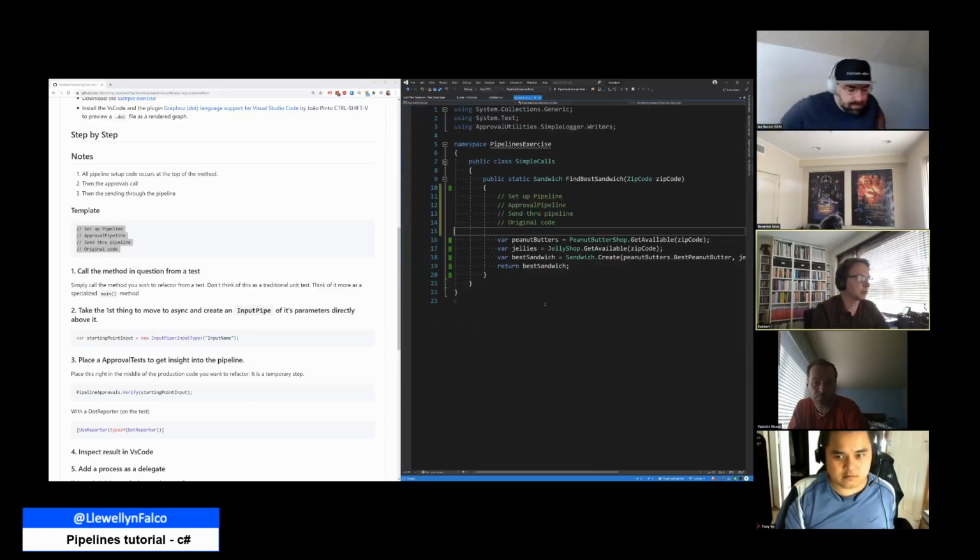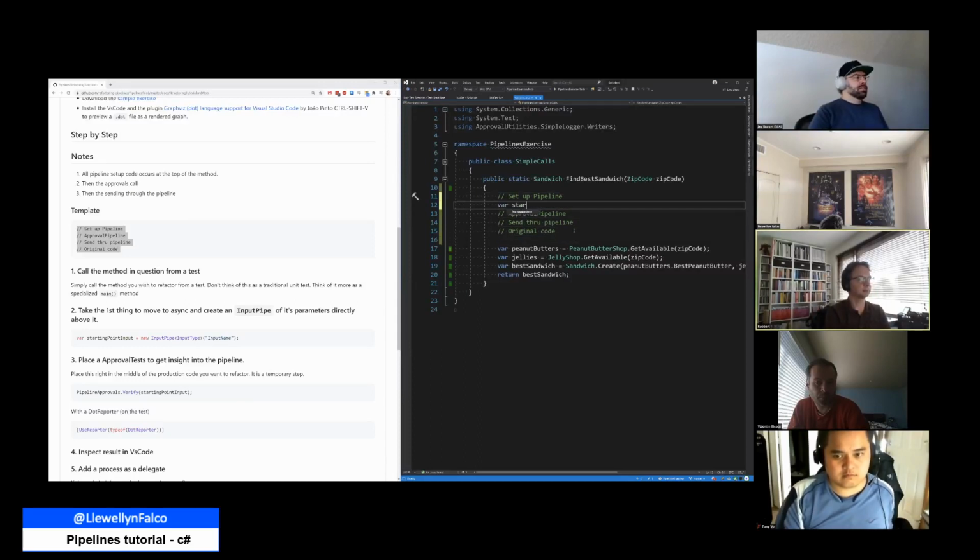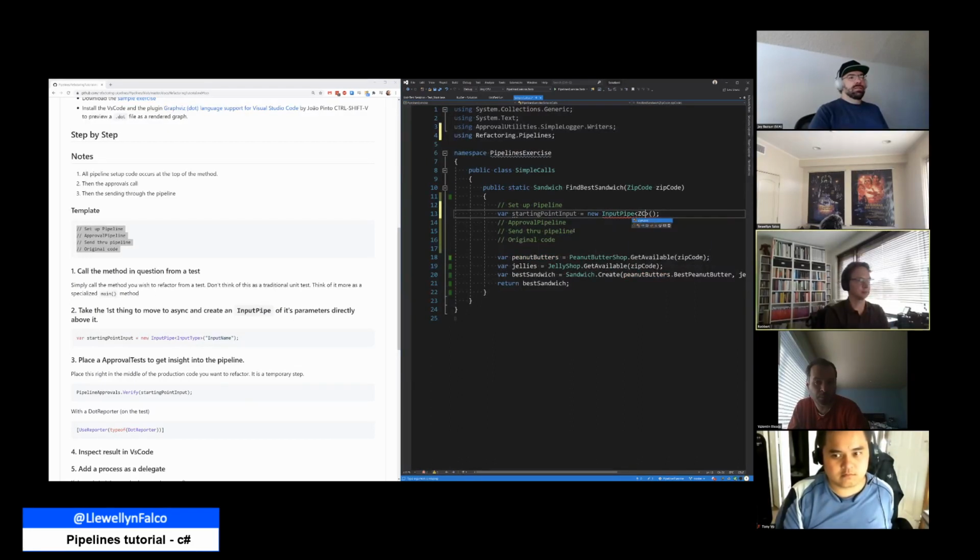So step 2 says take the first thing to move to async and create an input pipe of its parameters directly above it. I'm not entirely sure if I understand this, but please do step 2 then, Jay. Okay. So then we proceed with step 3, place approvals tests to get insight into the pipeline.